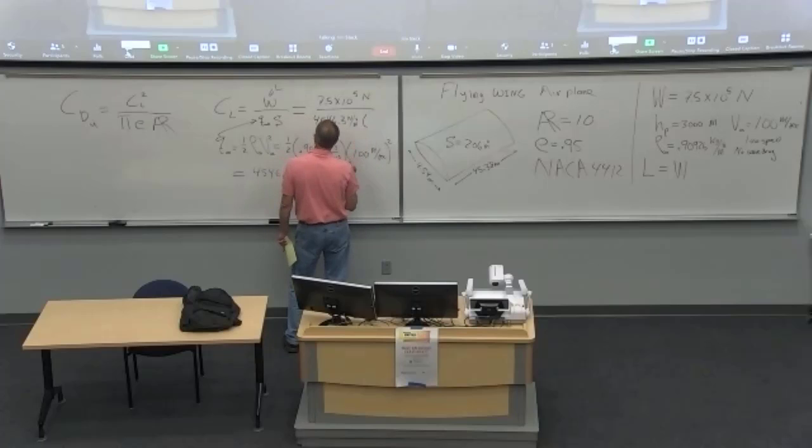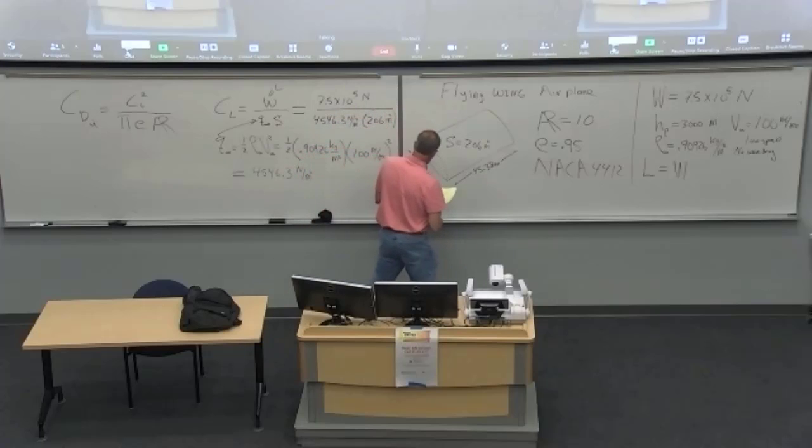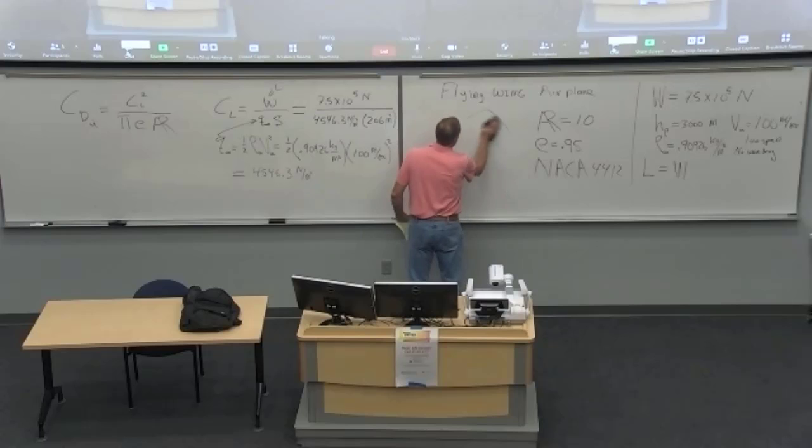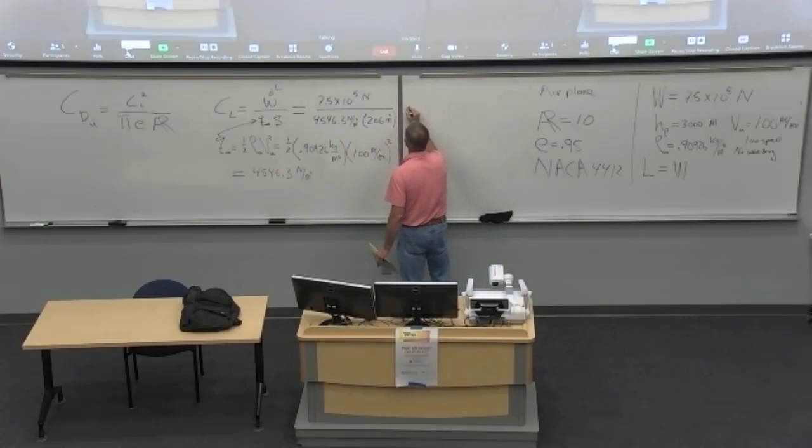And then our wing area was 206. Sounds good to me. 0.80.